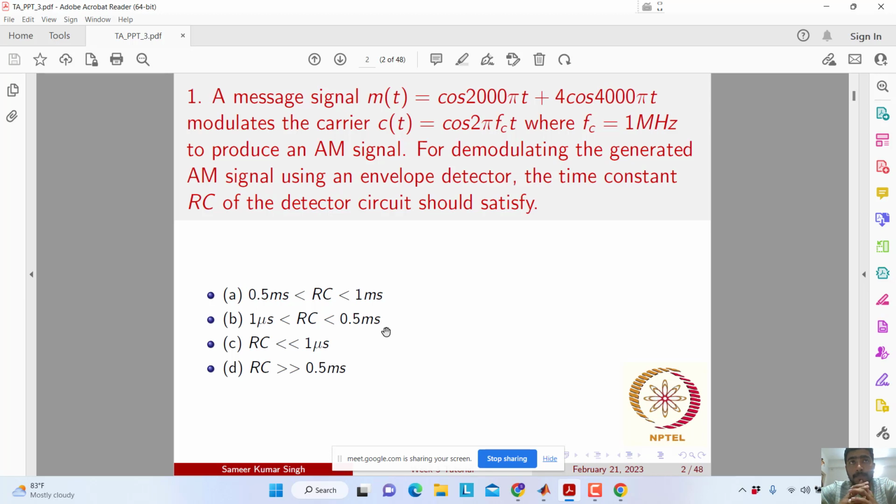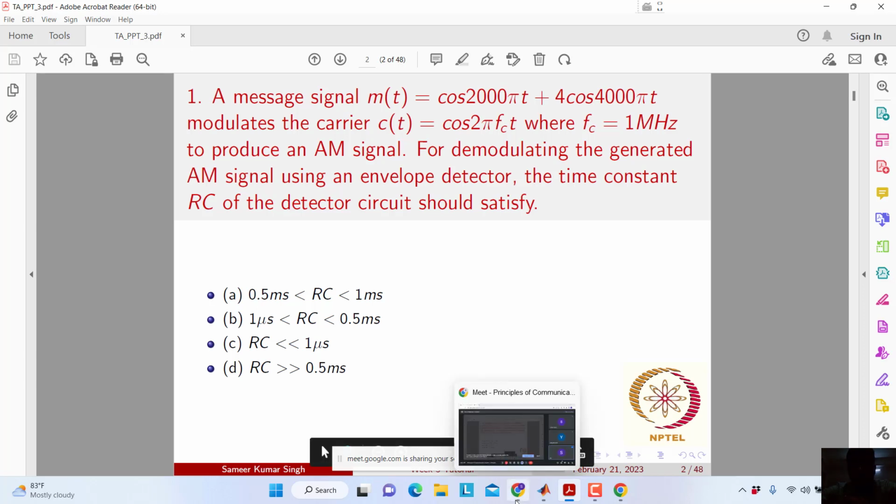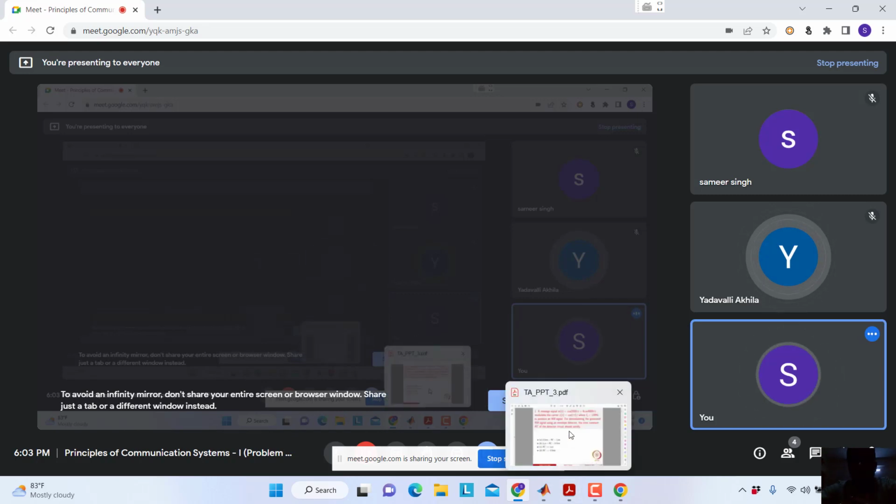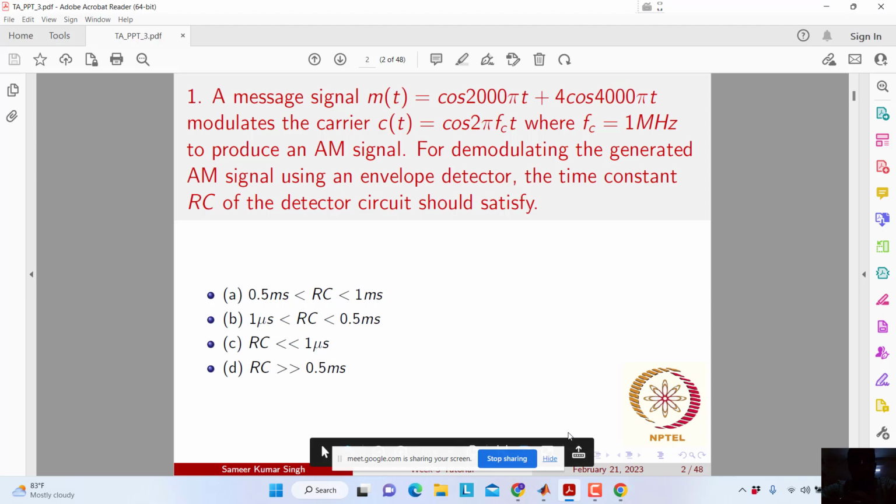Is the question clear? Please try. After a little while we will see the solution and steps, where we will calculate the time constant.